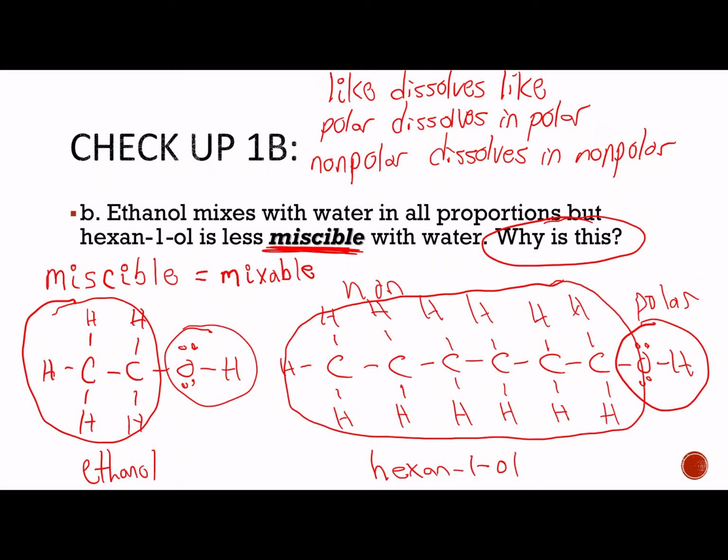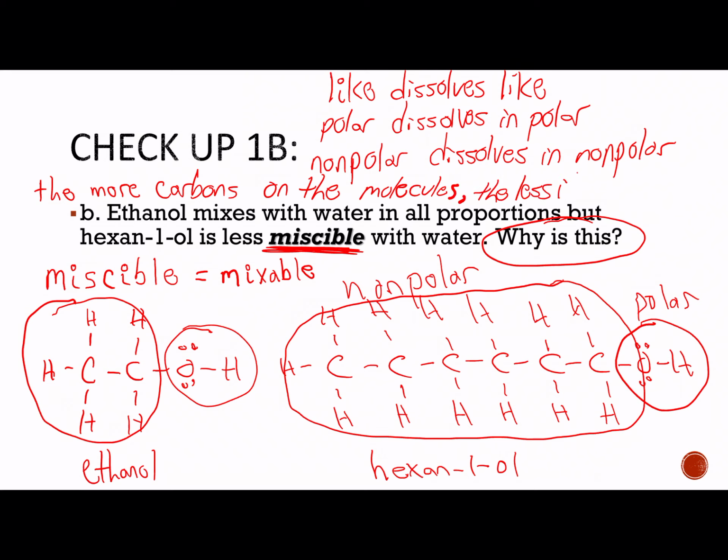So it turns out that the more carbons on the molecule per electronegative group, the less it will dissolve in water.